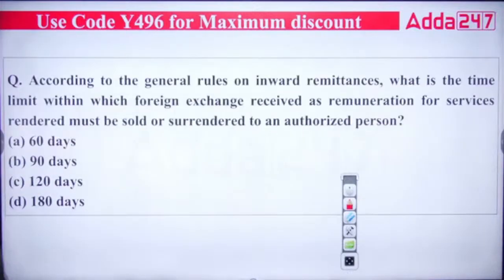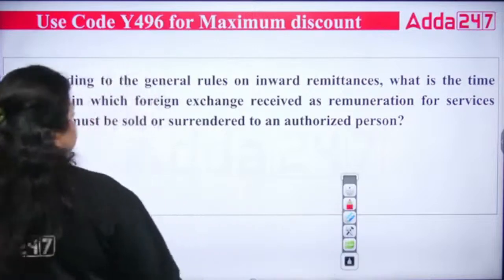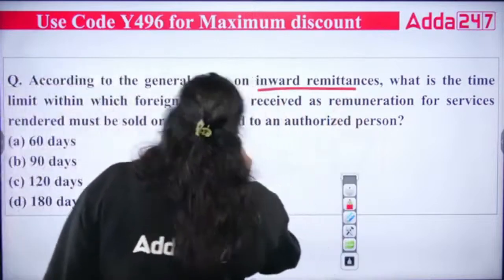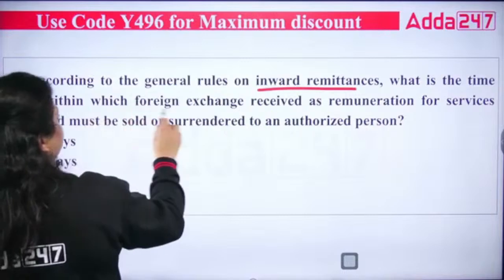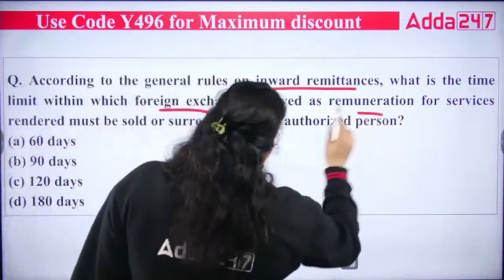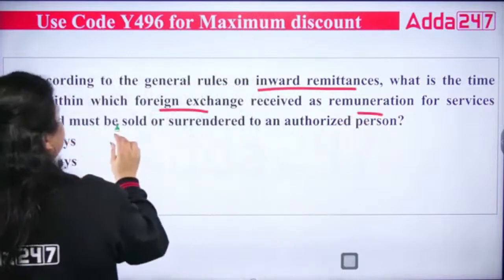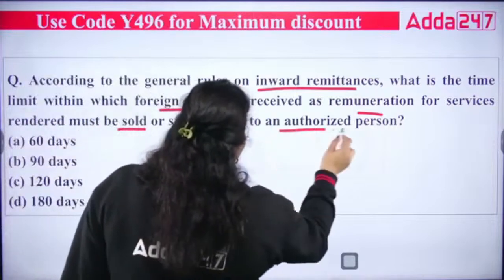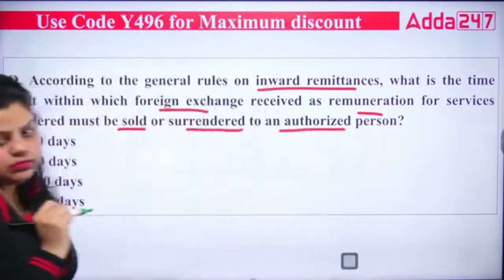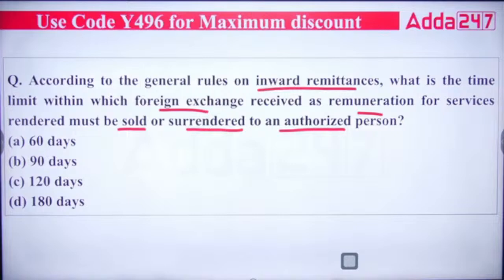Next question. According to the general rules on inward remittance, what is the time limit within which foreign exchange received as remuneration for service rendered must be sold or surrendered to an authorized person? So the next question is talking about here that according to the general rules on inward remittance, what is the time limit?